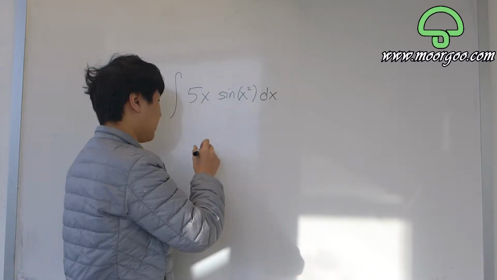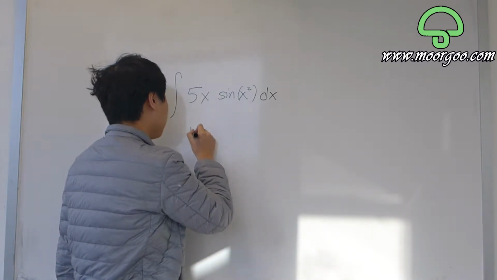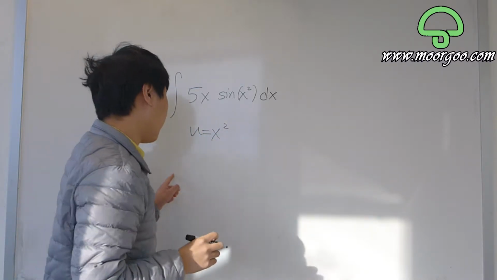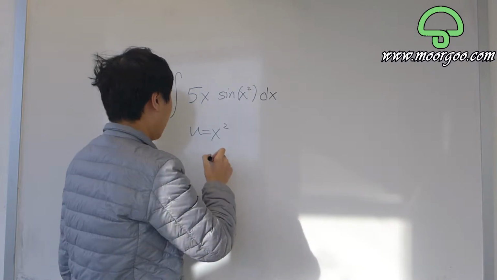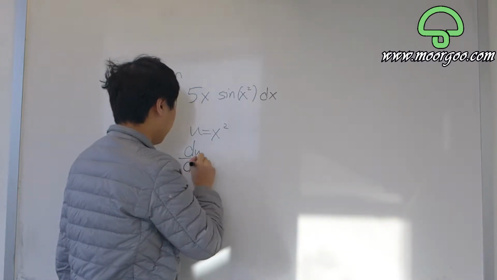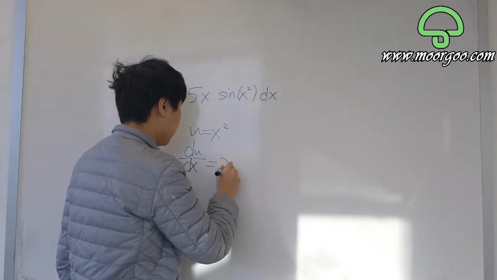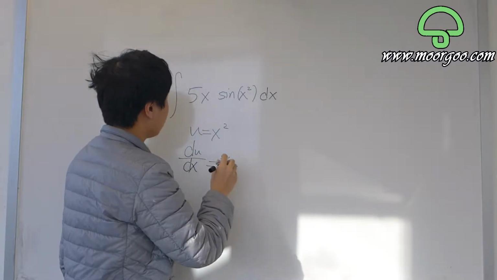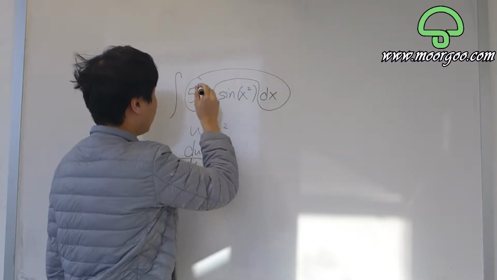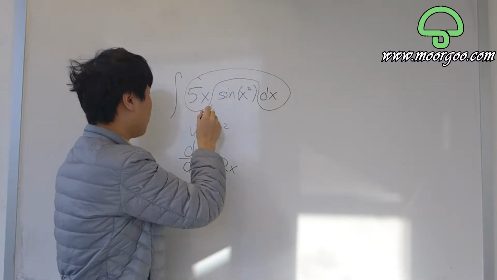Let's try this, because we think this might work. And the derivative of u is 2x, and we have this in our integral.